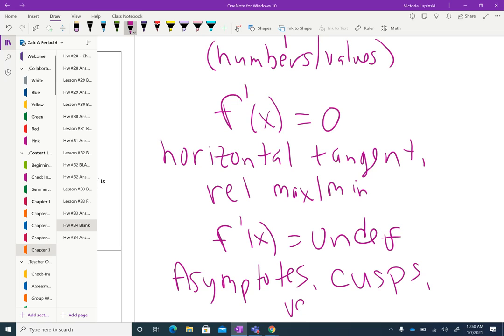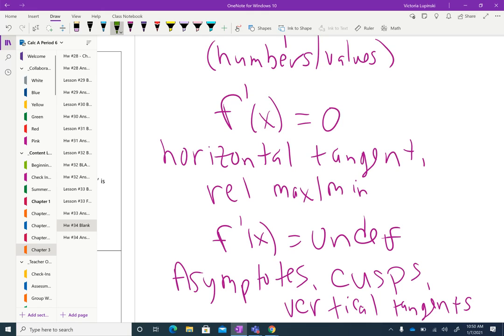And the third place is at a vertical tangent. I'm going to show you one of each today to make sure that you know how to recognize them graphically. Again, we have done both of these classifications algebraically, but now we have to be able to do them graphing style. Any questions so far on that? You'll see it in the graphs in a second.